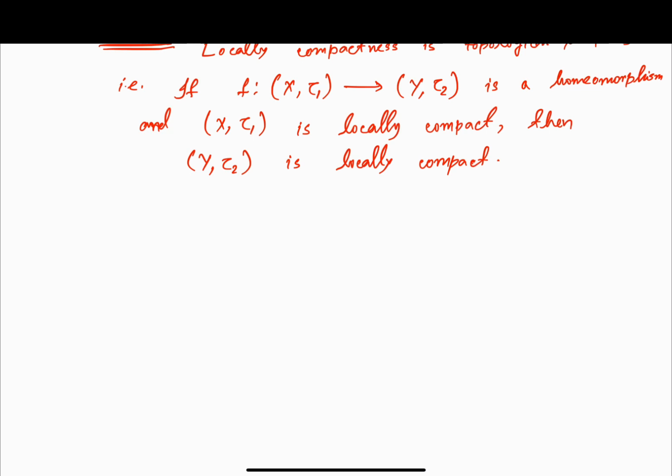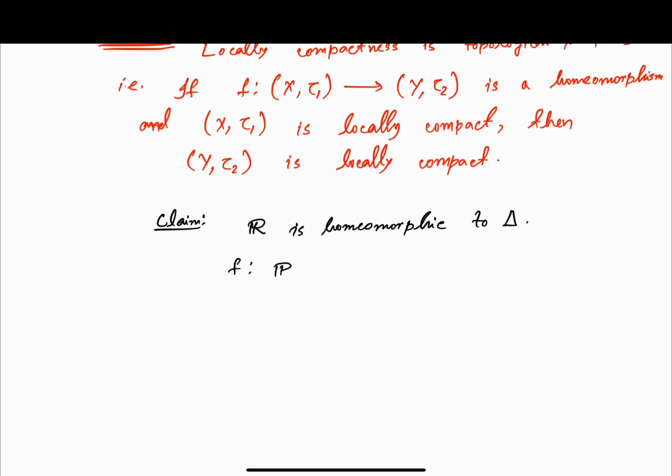So let's claim: R is homeomorphic to delta. Delta is given the product topology, right?